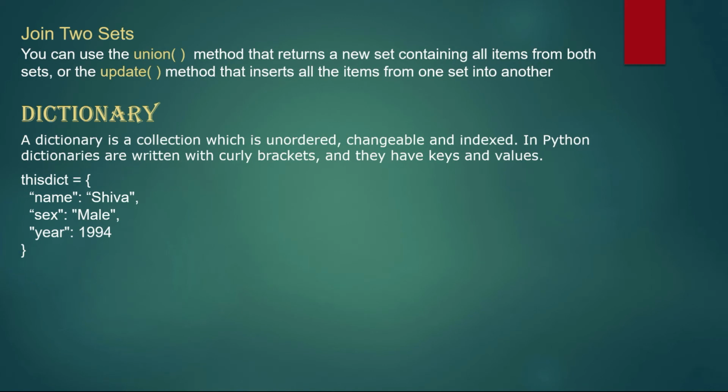This dictionary is the variable name, the name is the key, and Shiva is the value. Every key has some value.